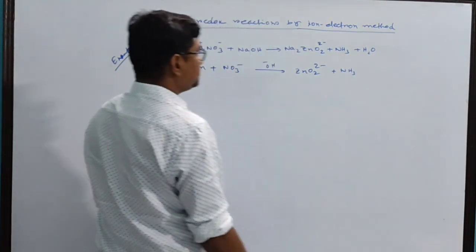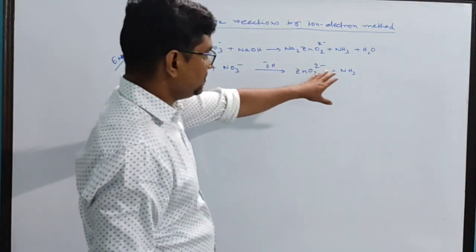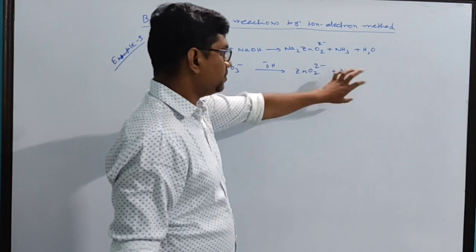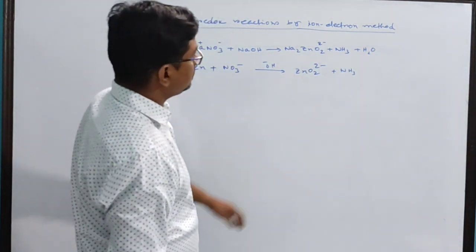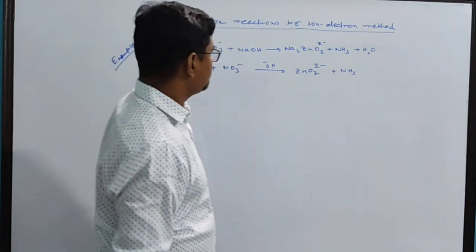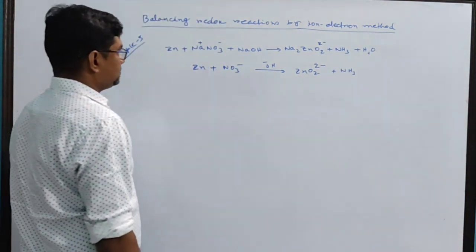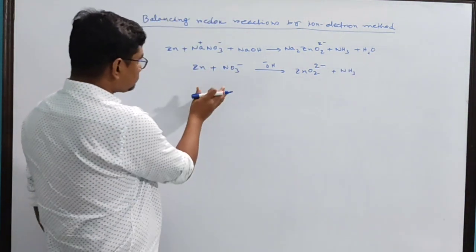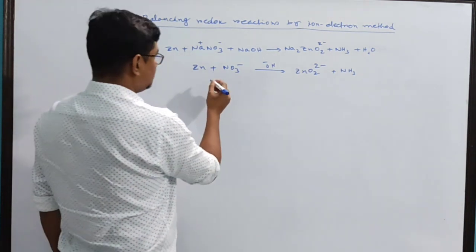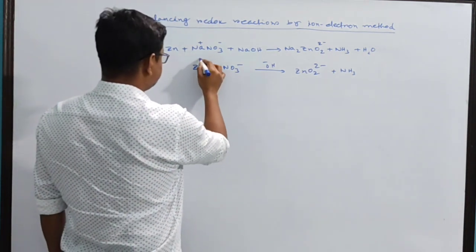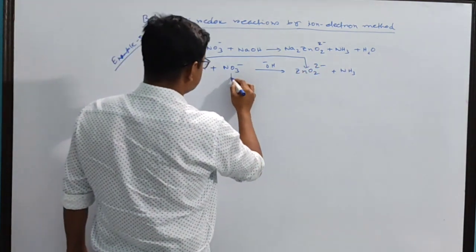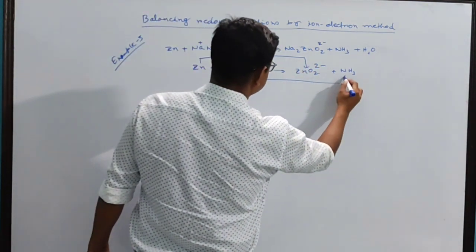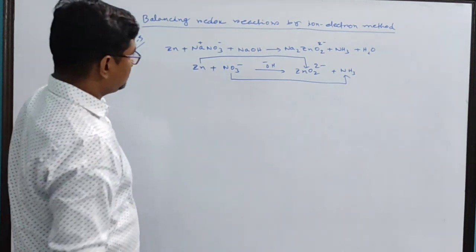NH3 should be written as it is, means it is a covalent compound, so we have to write the full formula. Okay, water will come after we balance the reactions. So the changes are Zn is going to ZnO2 2 minus and the NO3 minus is going to NH3.